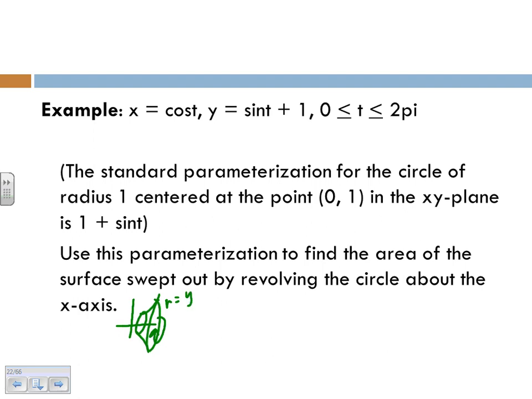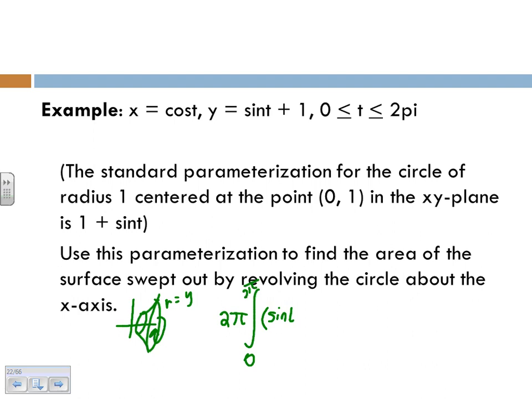Y. So we're going to have 2 pi, from where to where? 0 to 2 pi. And what am I going to put for my r? The y, which is what in terms of t?